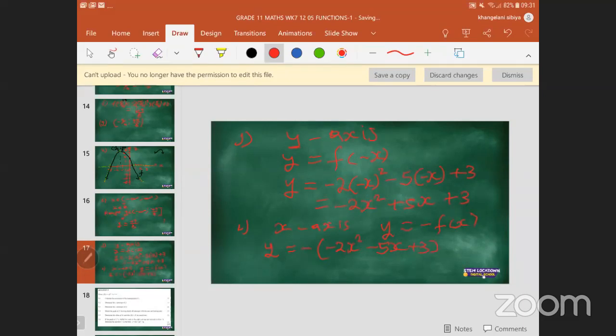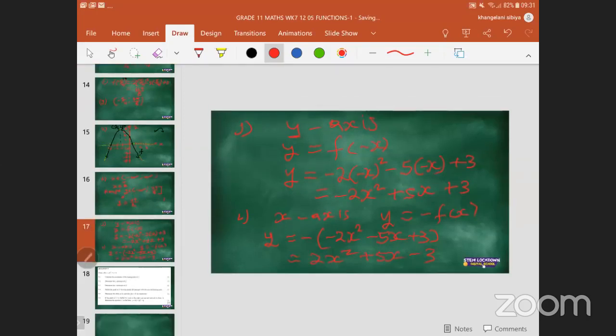Obviously, you remove the brackets. This would be negative times negative, so positive 2x squared. Negative and negative, this would be positive 5x. Negative times positive 3, this would be minus 3. So that is all, folks. All right. So that is that.